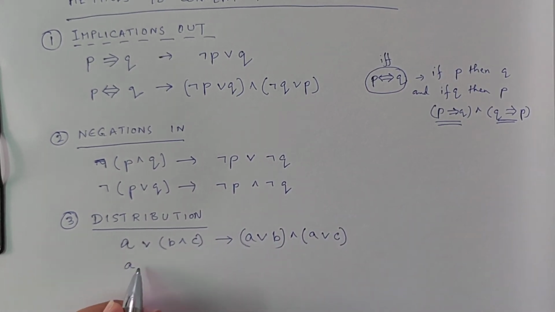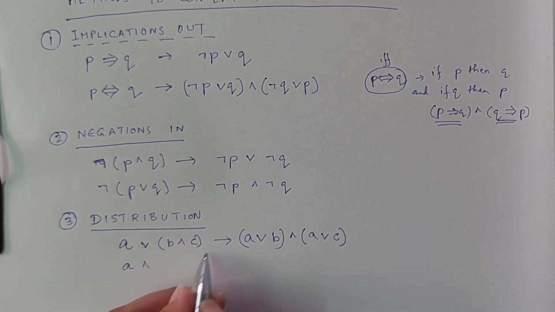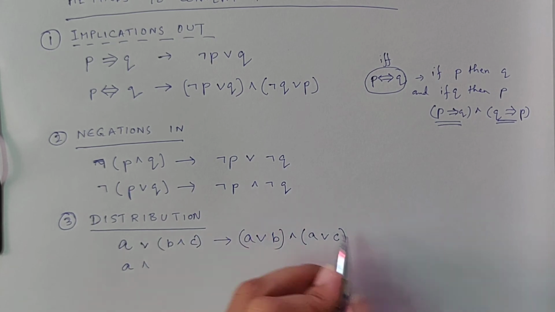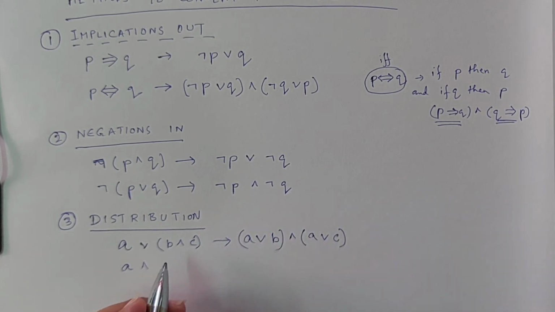These are digital logic identities, and you can check by constructing truth tables of this side, and both of them will be equivalent.